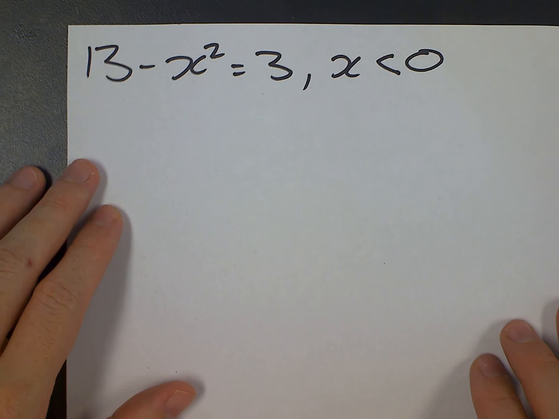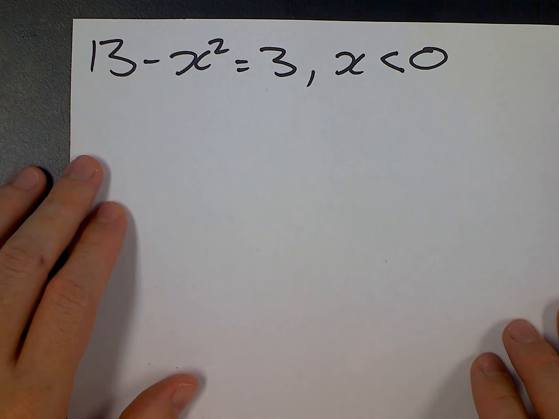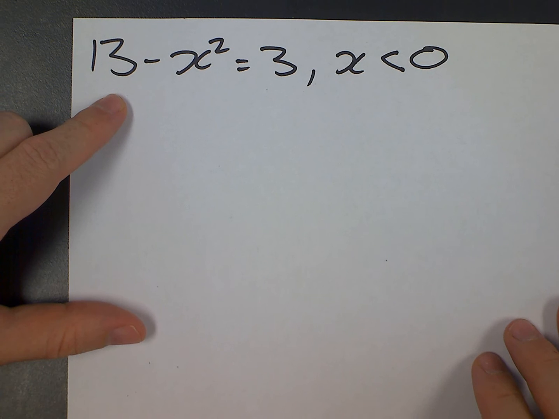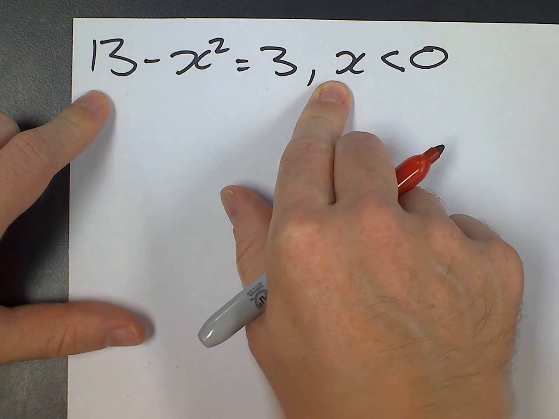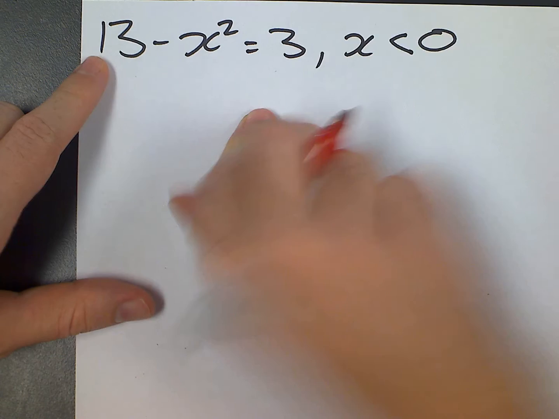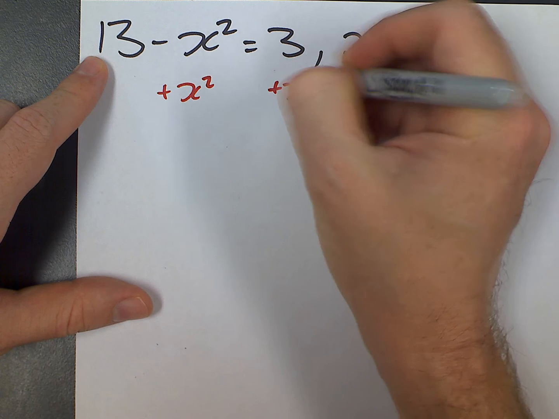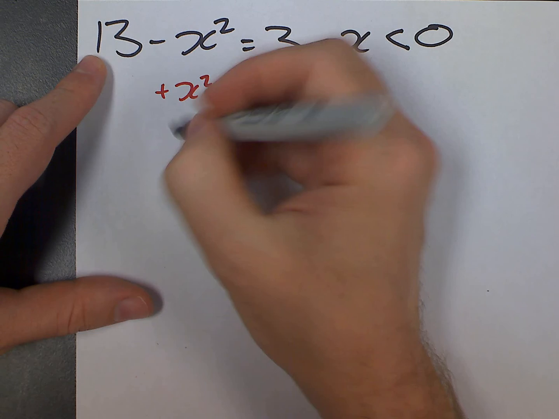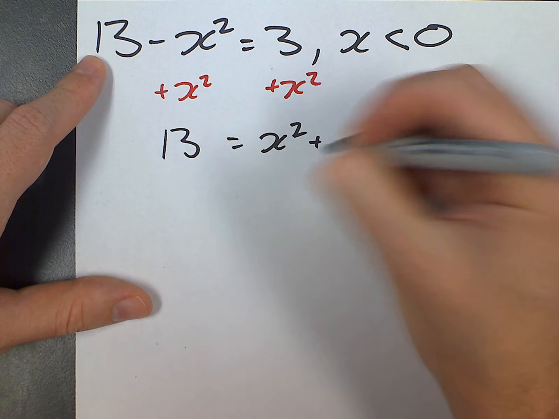Okay, last one. Oi, they made this ugly. I am going to plus x squared to both sides to make this positive, and then I might switch both sides. Plus x squared might be a little bit more work, but then I can ensure I get it right. 13 equals x squared plus 3.